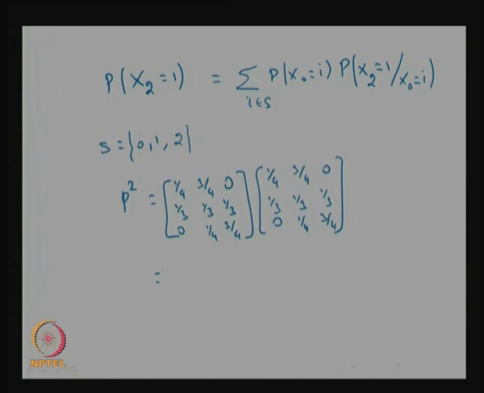I am not doing the simplification. Once you know P square, you can find out the probability of X2 equal to 1. Similarly, one can compute other conditional probabilities also. Suppose our interest is to find out what is the probability of X7 equal to 0 given that X5 was 0.